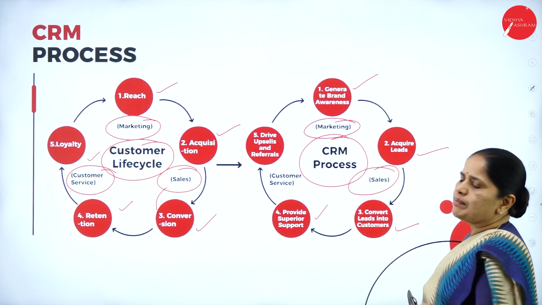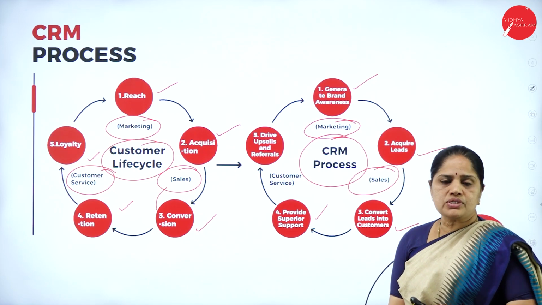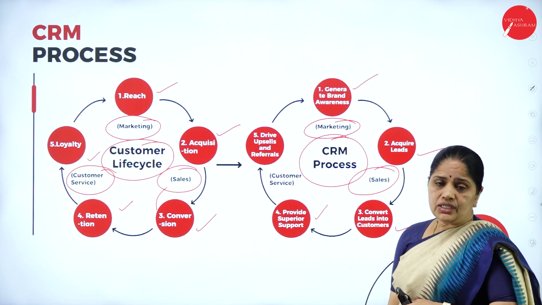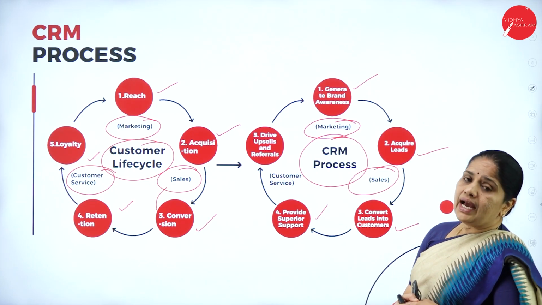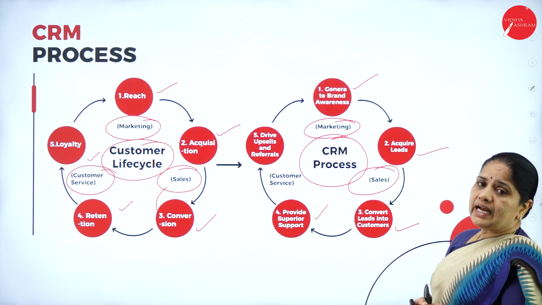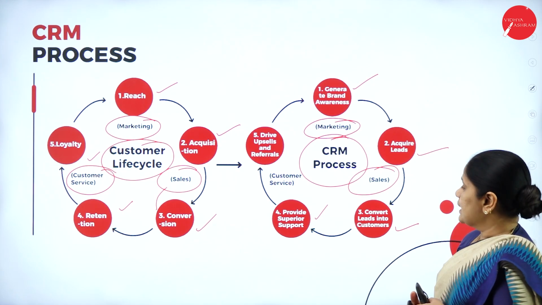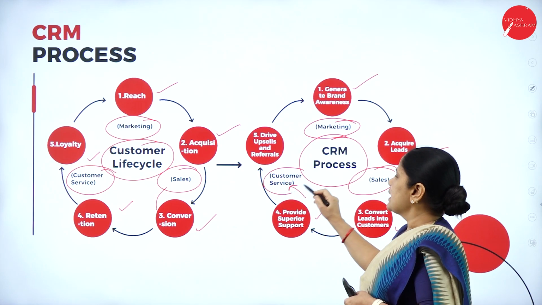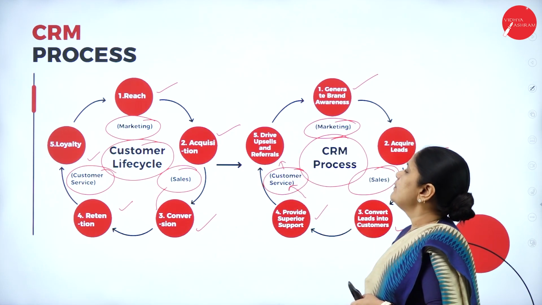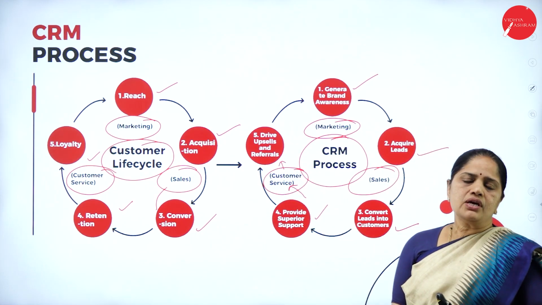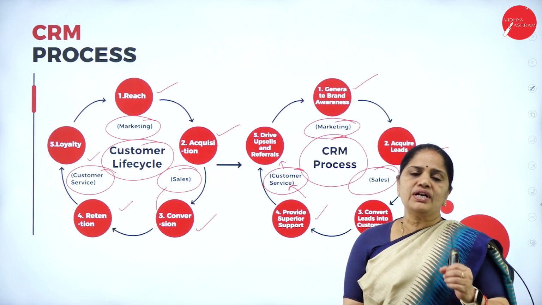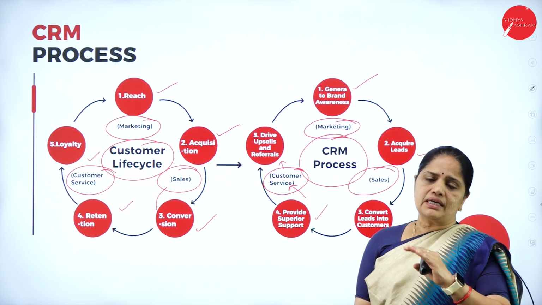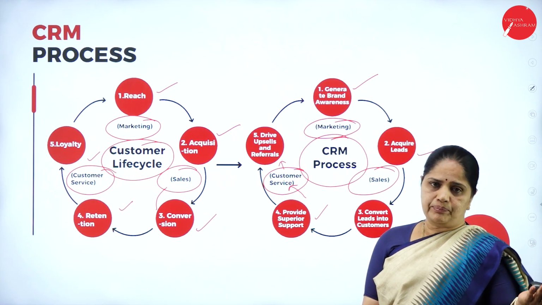Then provide superior support. See that the customer support services are well aware of the customer whom they are dealing with, and in this way try to see that you give the best service to the customer. And then when you give the best service to the customer, you can drive upsells and referrals. So when the customer is fully satisfied, then he starts referring you to other people.